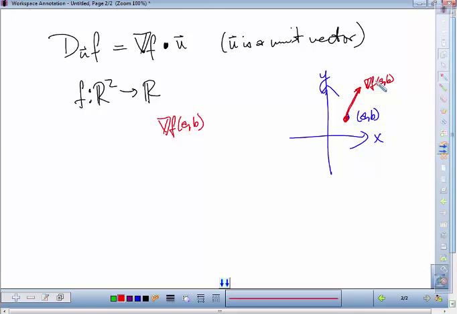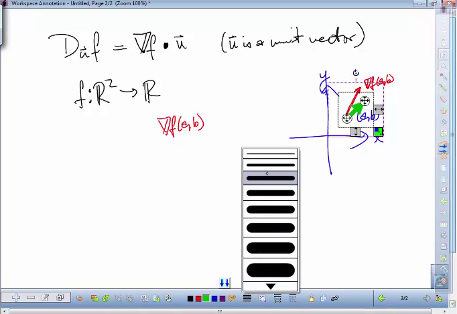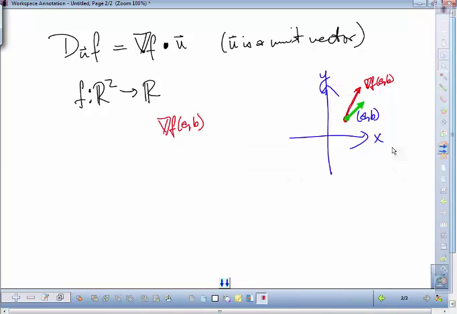So now, here's the thing. If we get ourselves a unit vector, then we can find a directional derivative if we go in that direction, right?